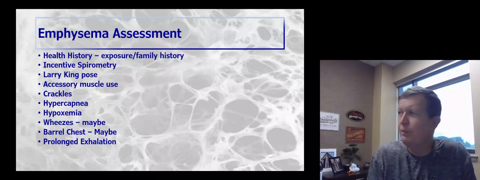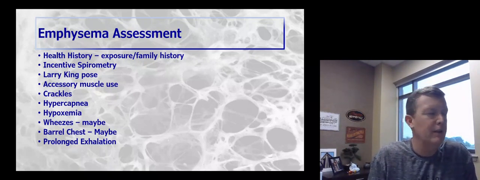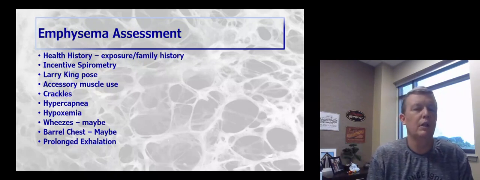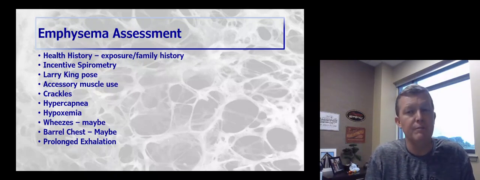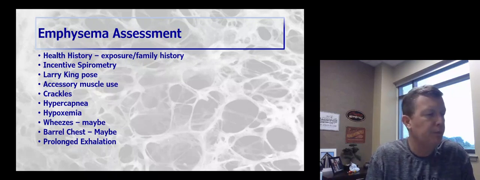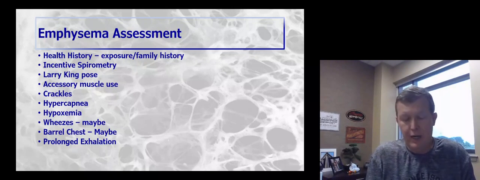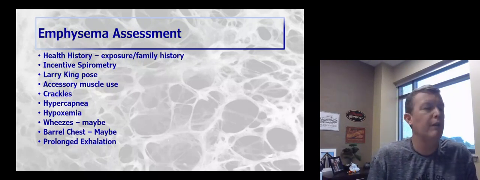So often you may hear people refer to them as being in the 50-50 club. Their PO2 is 50 and their PCO2 is also 50, not 50%, 50 millimeters of mercury. These patients can have CO2s higher than that, but this is part of the problem.